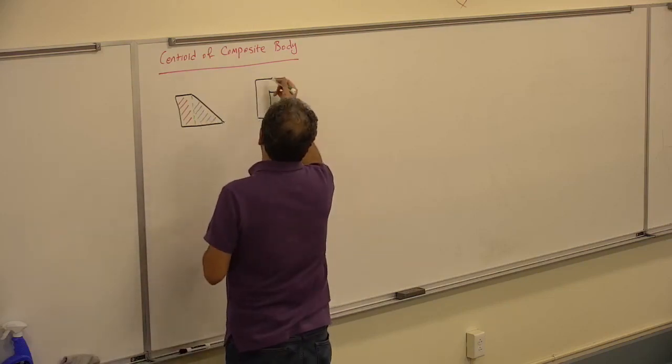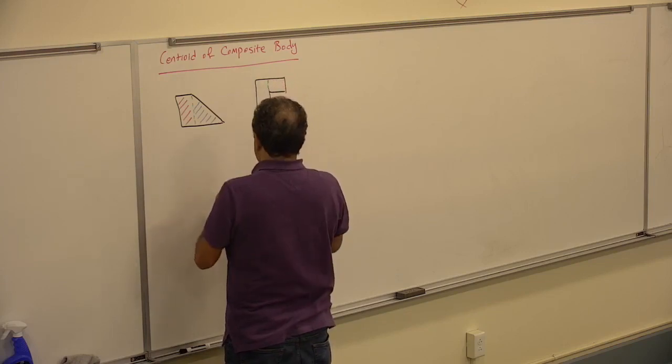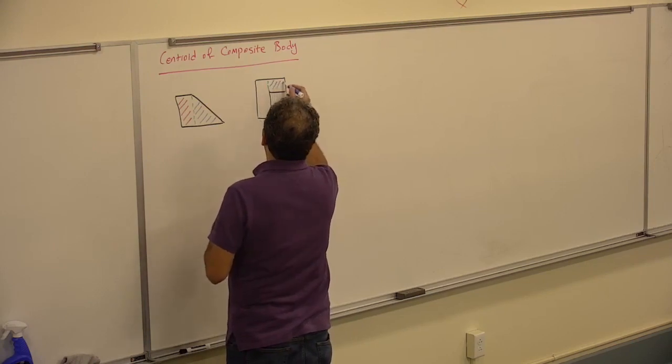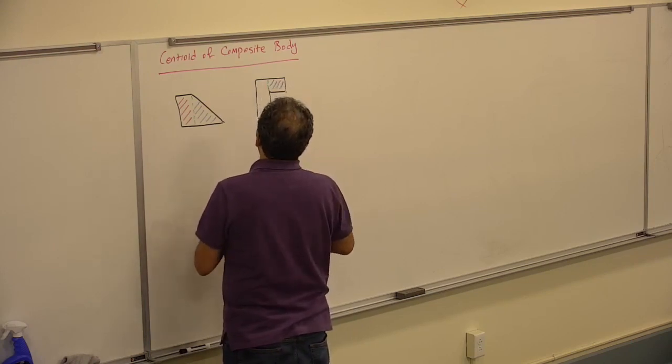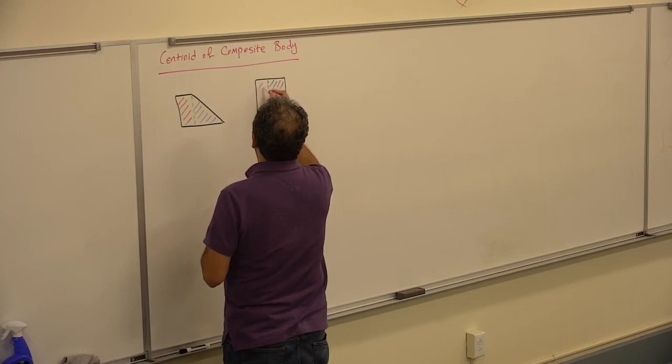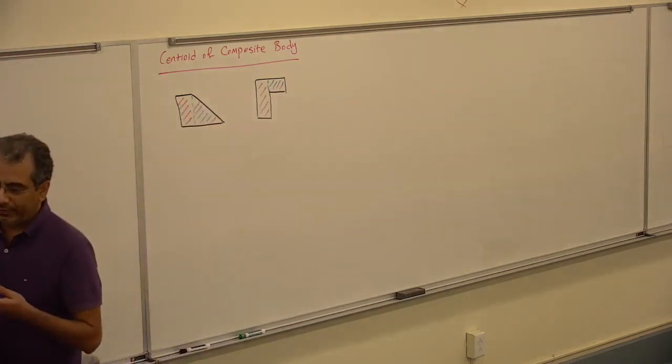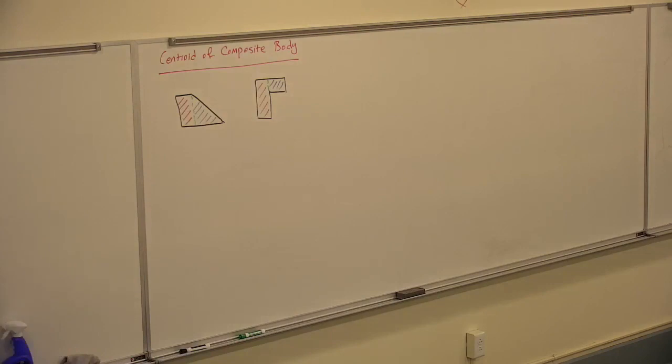I can go ahead this way. I can break it in the other way, but I'm not going to break it this way. And I have two shapes. One's going to be this, and one's going to be this.